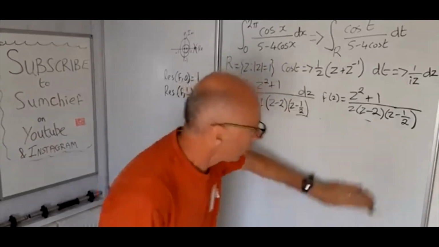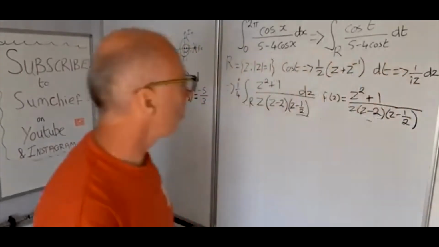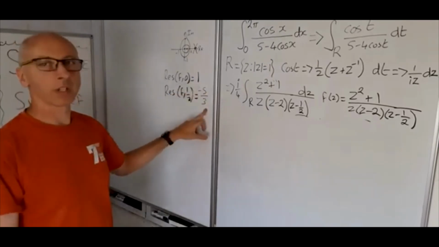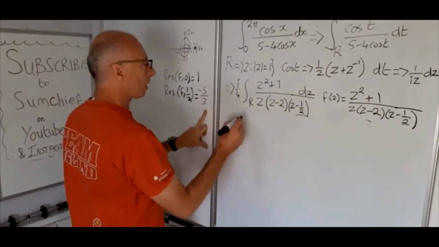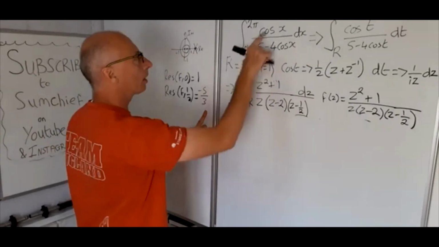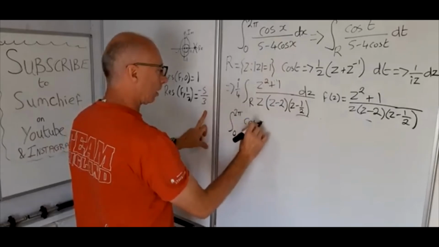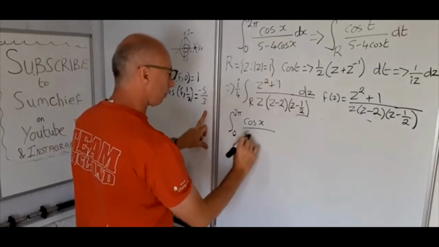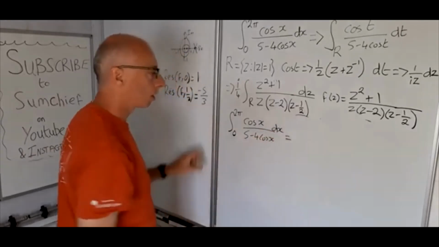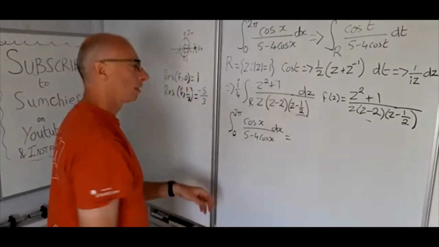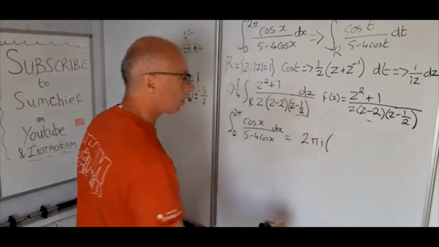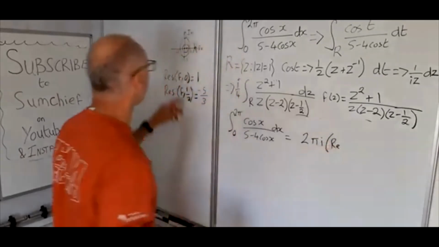So, okay, so what we do now is we multiply by 2 pi i the sum of the residues. So now what we can say is the integral from 0 to 2 pi of cosine x over 5 minus 4 cosine x dx equals, I'm just going to leave a gap here, and it's 2 pi i times the sum of the residues inside the circle.